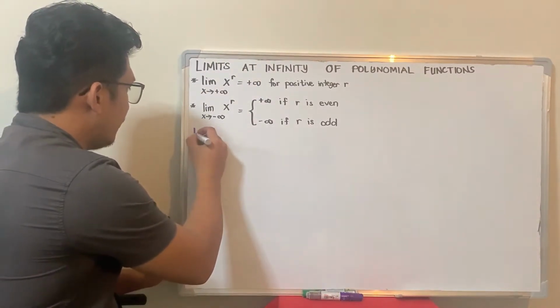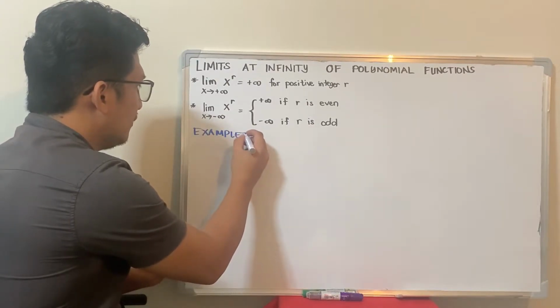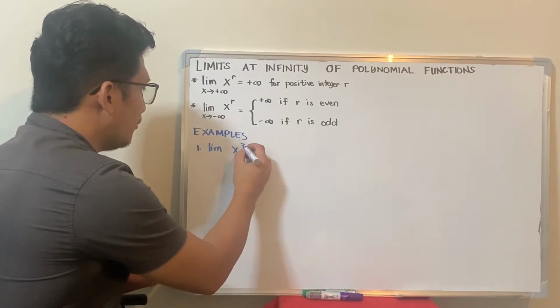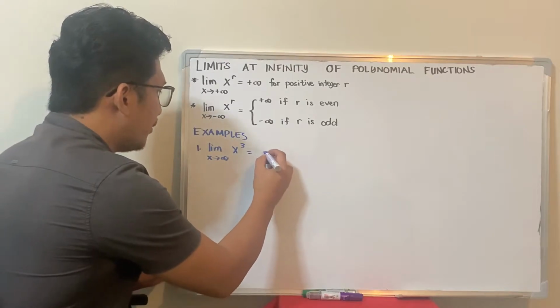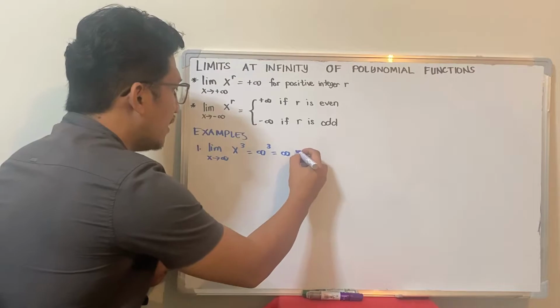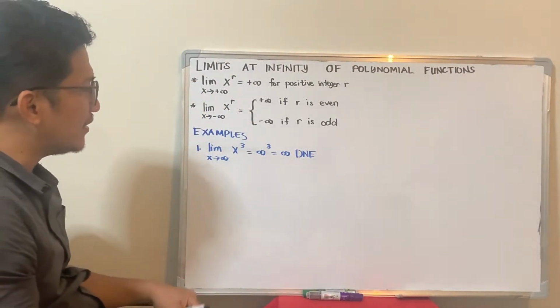So examples here. Number 1, find the limit of x cubed as x approaches positive infinity. Simple, you will have infinity cubed. Of course, that's only infinity. Again, don't forget, the limit does not exist because that is not a real number.